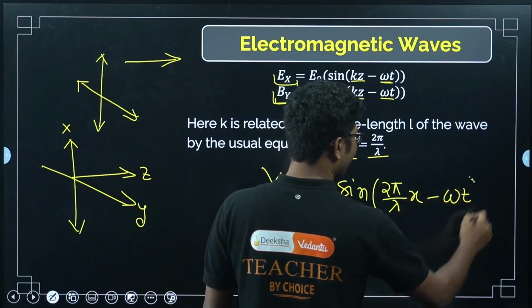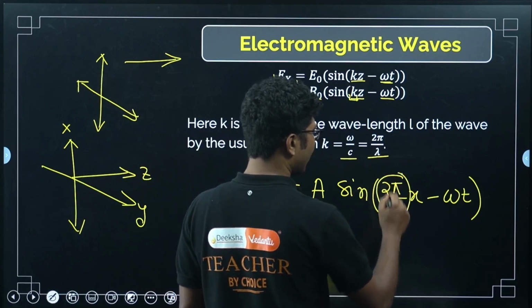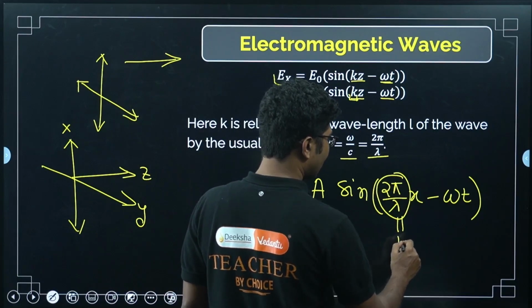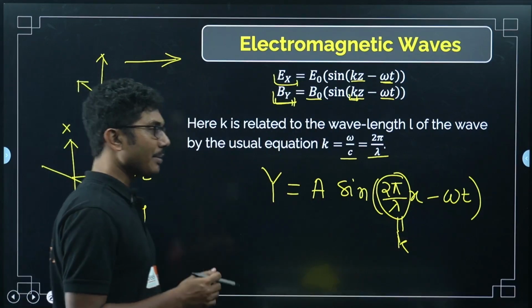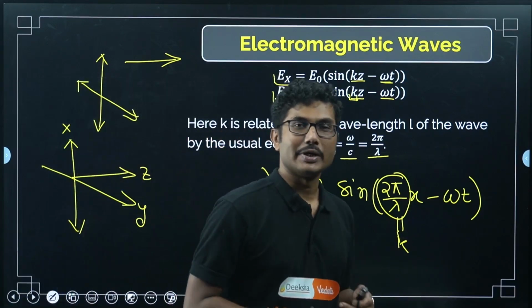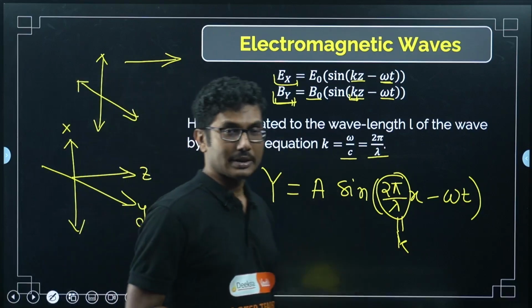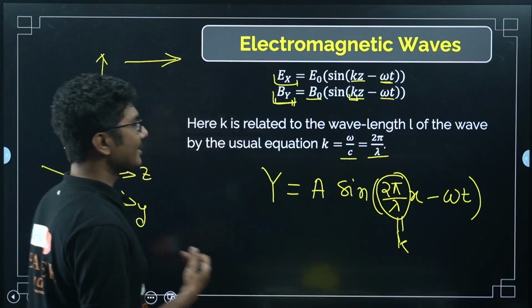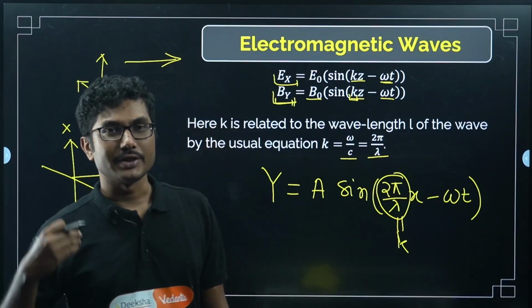That was the wave equation, if you remember. Now this term 2 pi by lambda is called the wave number, denoted by small letter k. If you still remember that, fine. Otherwise, when we are revising the chapter on waves, I will try to make you remember this formula. Based on these formulas and equations, multiple questions came in your previous year questions.